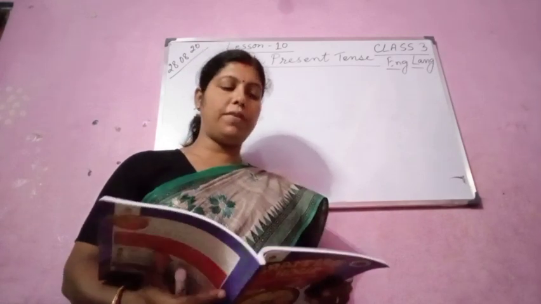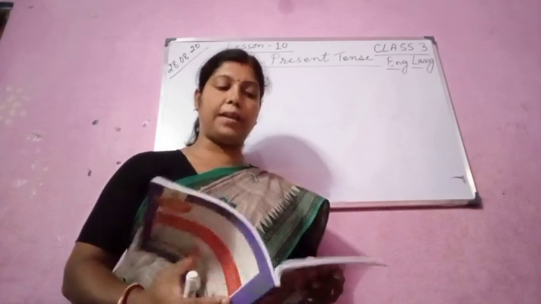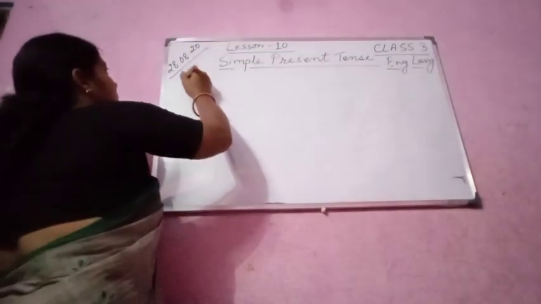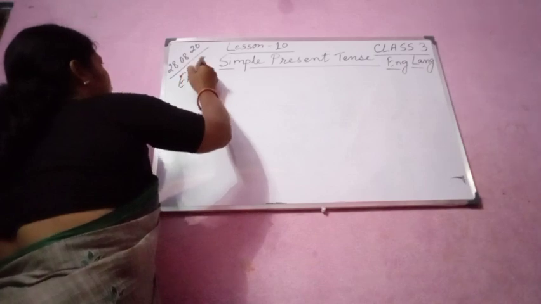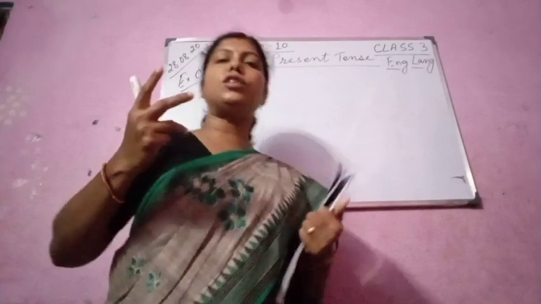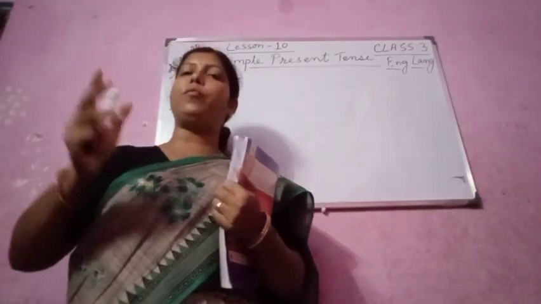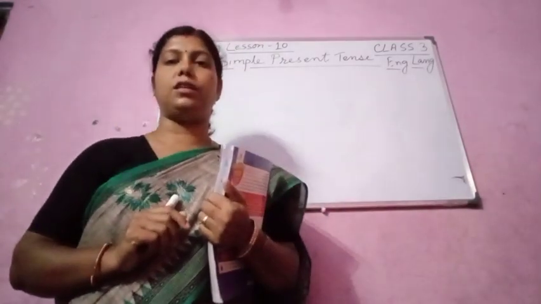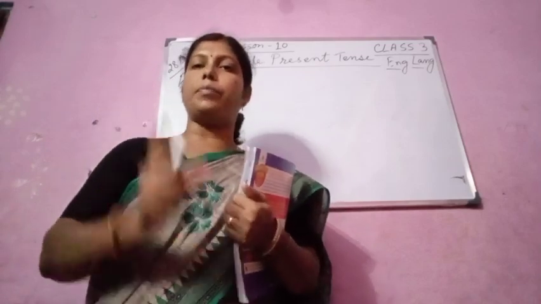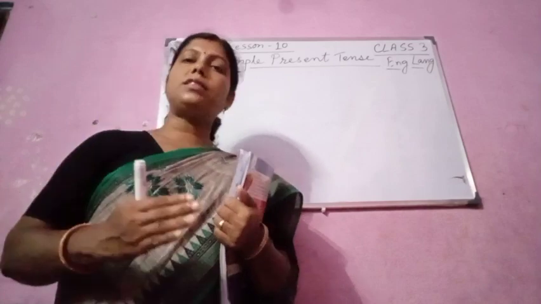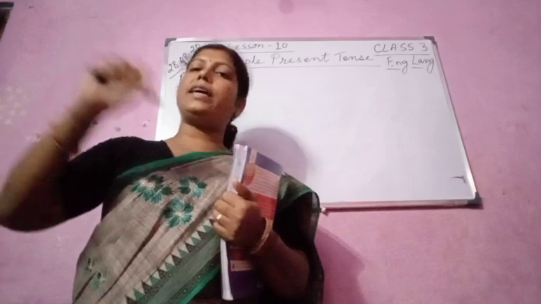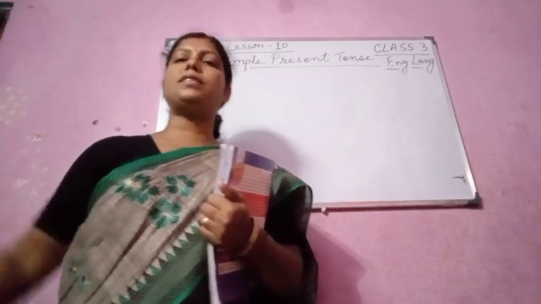First of all, today we are going to do exercise C. So before doing exercise C, in your mind only, you just go through the structure or the formula of simple present tense. Okay, what is the structure or the formula? What I taught you, that is subject plus base form, that is V1, plus S or ES plus rest of the sentence.